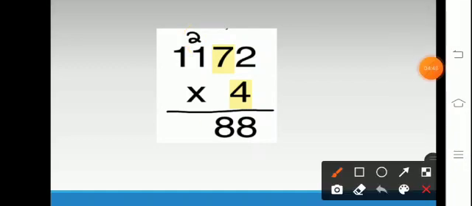Write 6 here at hundreds place. Now multiply 4 with 1, we will get 4 again. So the product of 1172 with 4 is 4688.